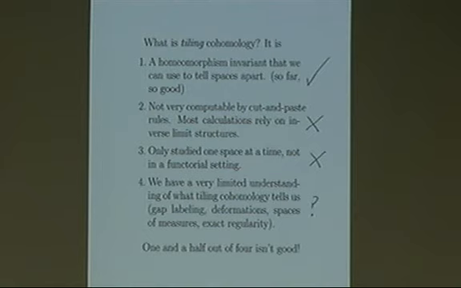And then the last thing, we've made some progress, but not enough. We do know how to use cohomology for a few other things, like we've got the Gap Labeling Theorem. That was the first great use of cohomology, although you could say it's more K-theory than cohomology. And we know how to use the first cohomology to parameterize deformations, and we know how to use the top cohomology to tell us things about possible measures on the space.